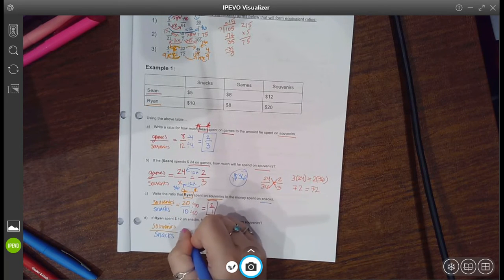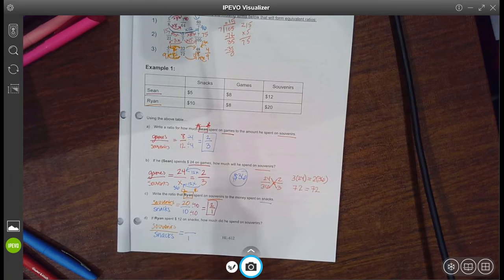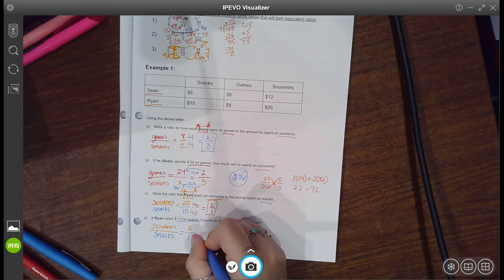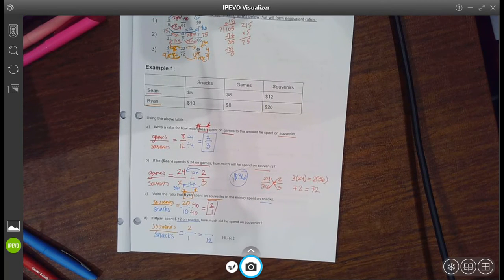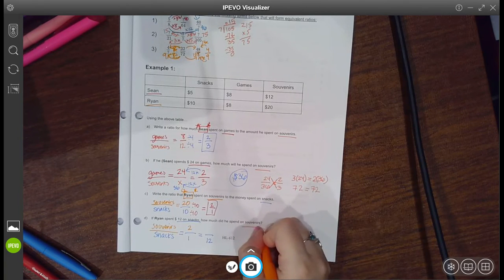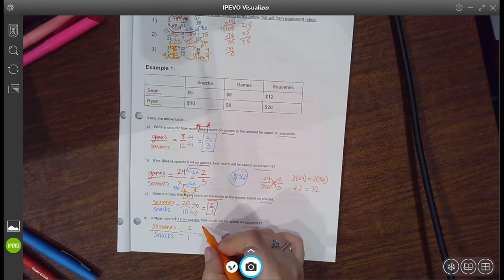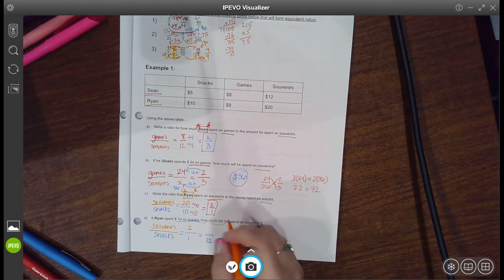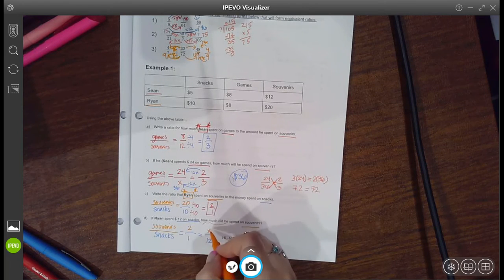And we now know that it's a 2 to 1 for Ryan. And they said, okay, snacks is on the bottom. So I'm going to put 12 on the bottom where snacks goes. And then how much did he spend on souvenirs? Well, we don't know. That's why they said how much. So I'm going to use a variable, and souvenirs was on top. So my unknown is on top.